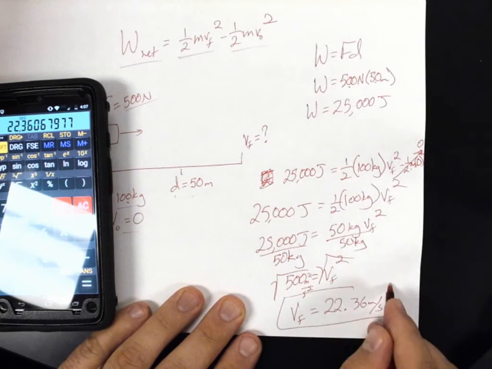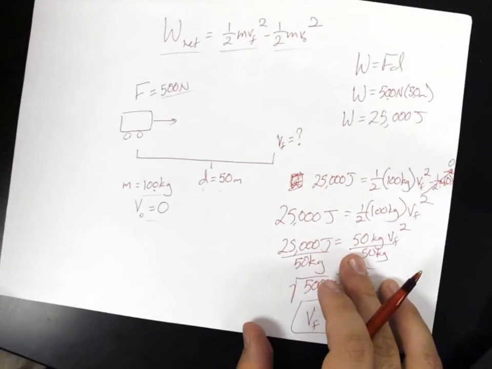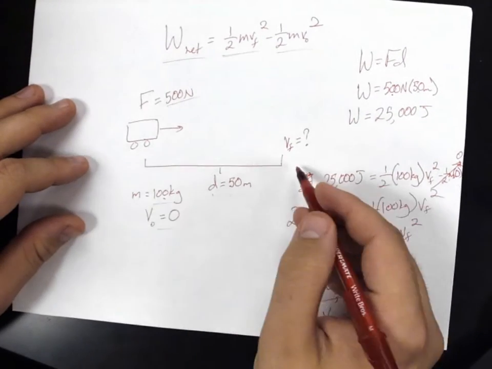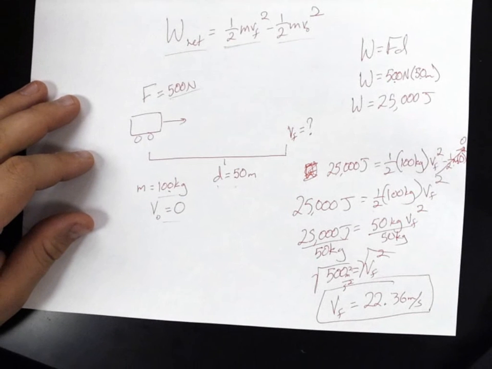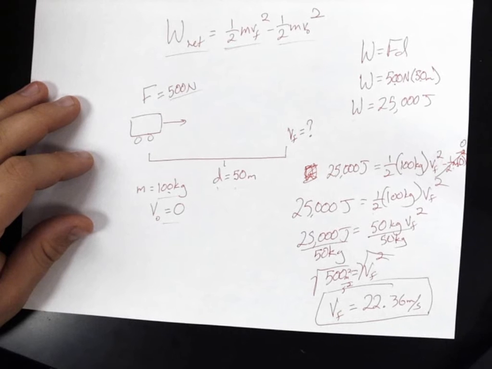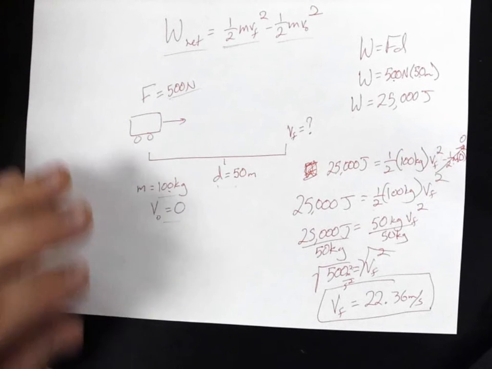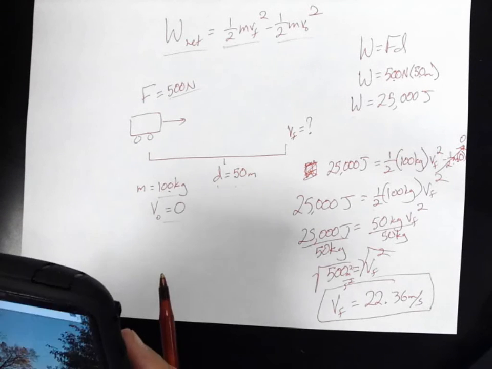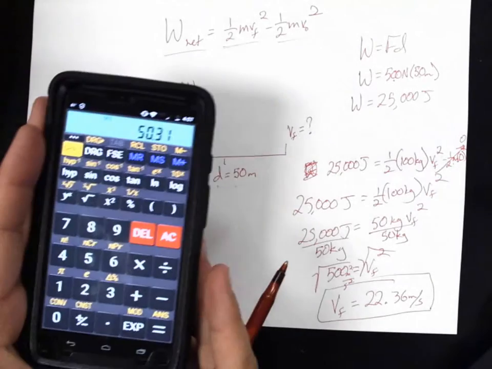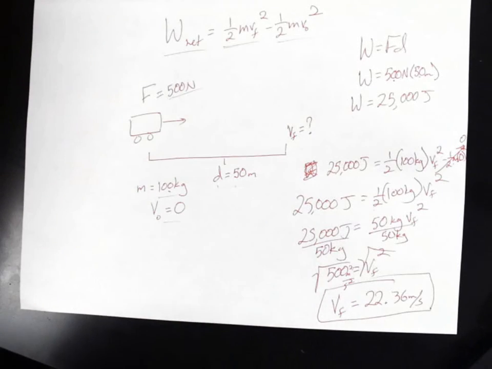So if you exert 500 newtons of force, just about the gravitational force on a regular old kid, over a distance of 50 meters, about 150 feet-ish, you would push that person to a speed of 22.36 meters per second, which is about 50-ish miles an hour. Exactly, 50.31, nice, good job, me.